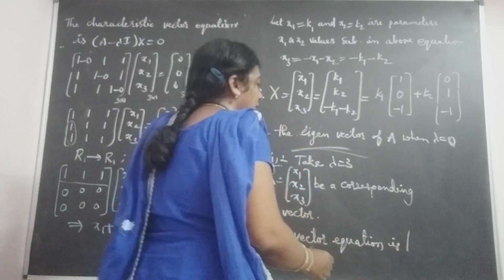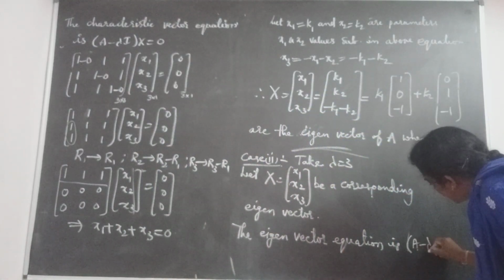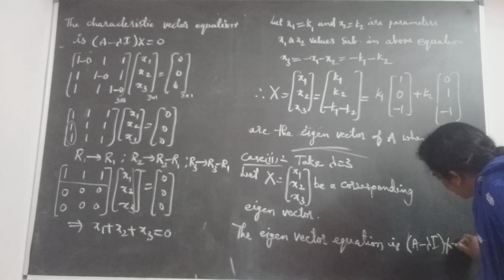The eigenvector equation is simply (A minus lambda I) into x is equal to 0.